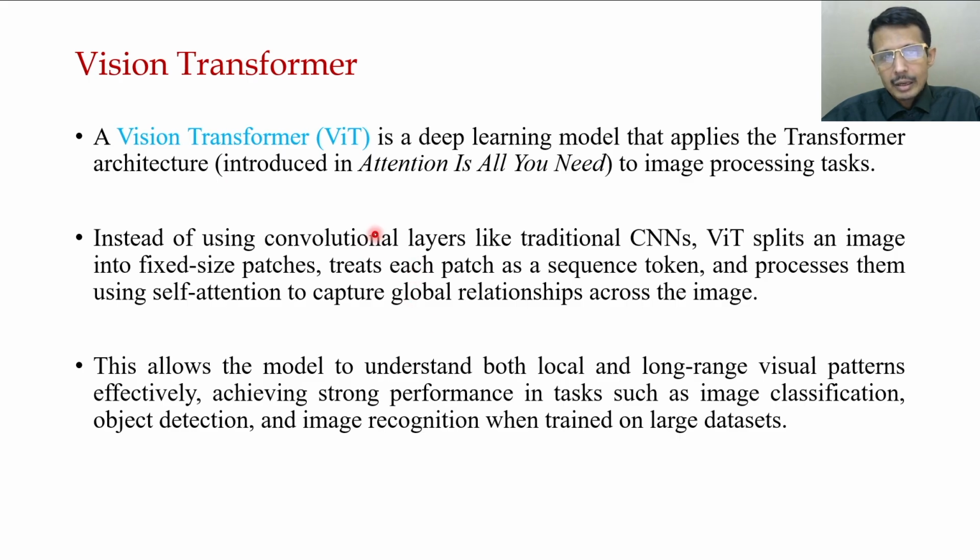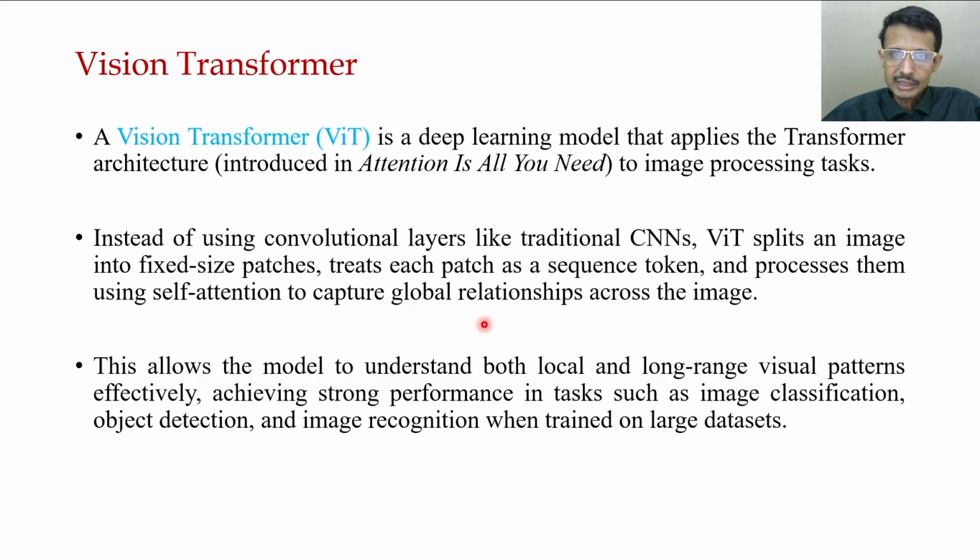Now, we have seen that CNN is very frequently used on image processing tasks. In ViT, instead of using convolution layers like a traditional CNN, it splits an image into fixed size patches and treats each patch as a sequence of tokens, and processes them using self-attention to capture the global relationship across the image.